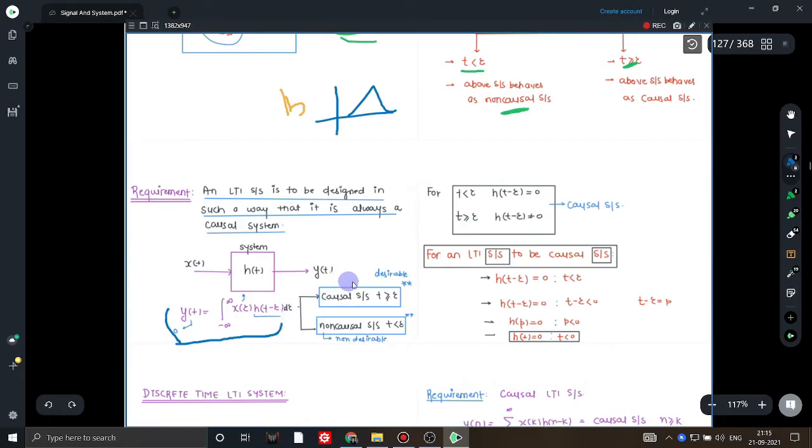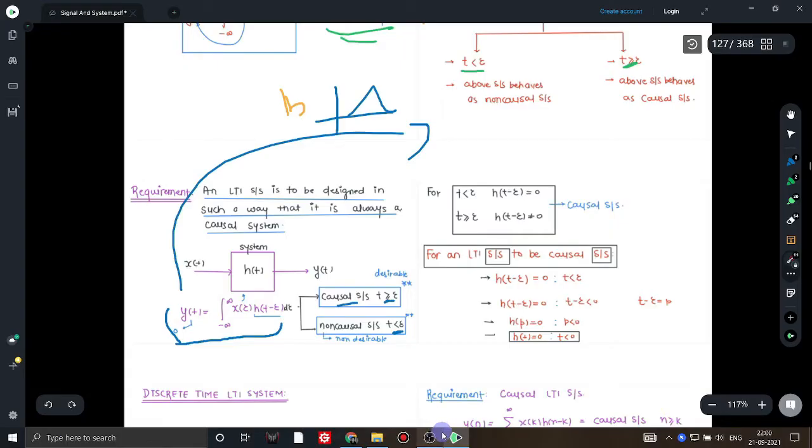As we have discussed earlier, if t is greater than tau, then it is causal. If t is less than tau, then it is non-causal.